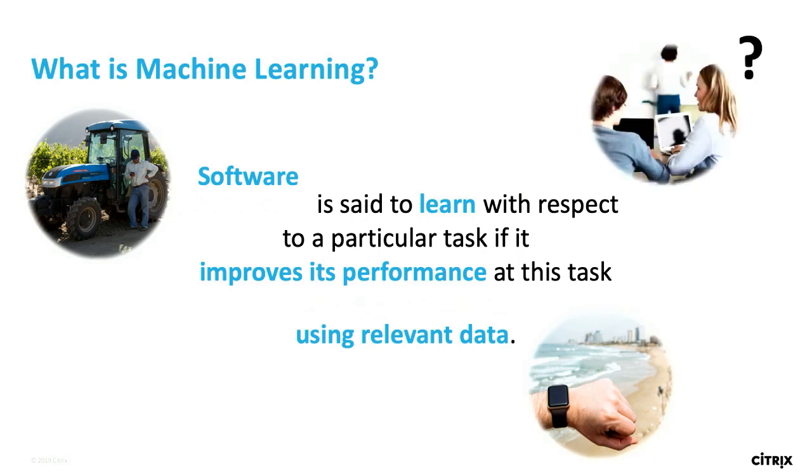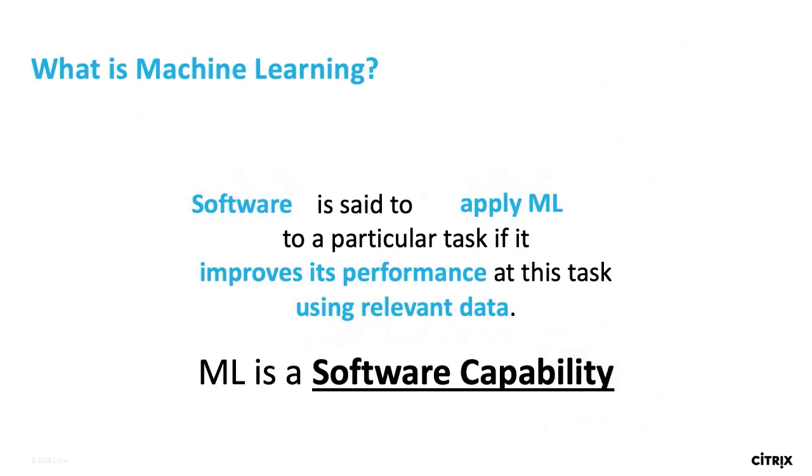And then lastly, we'll take the learn verb itself. Again, this is something we do as people, but it's hard to think about software learning unless you've already become comfortable with the concept. So we'll drop that part and just say apply ML, which leaves us with the statement that software is said to apply ML to a particular task if it improves its performance of that task using relevant data.